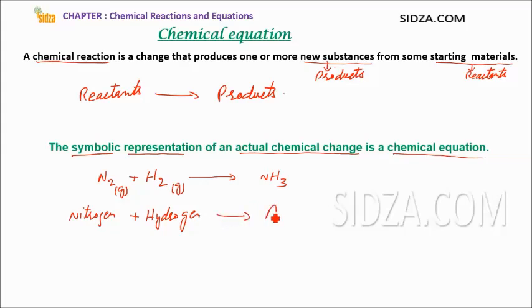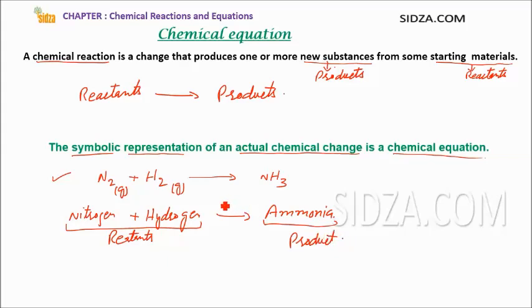We get ammonia. So this representation is a chemical equation, and the nitrogen and hydrogen here are the reactants. These are the reactants, and this is the product. Ammonia here is a product.